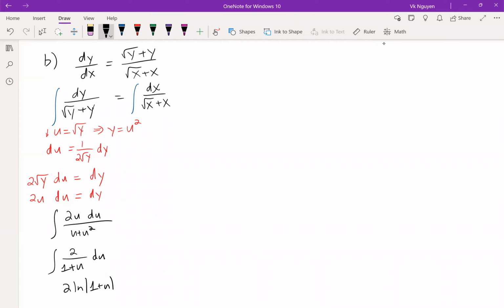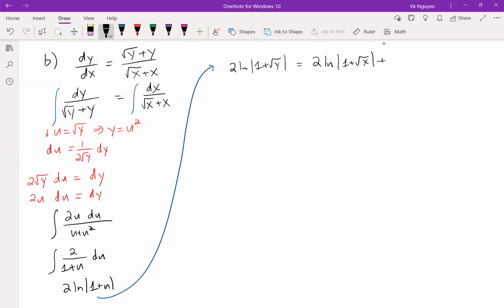We know u is root y, so do the substitution. And we have 2 ln of 1 plus root y equal to, the other side similar, 2 ln absolute value 1 plus root x plus, let's say, c3.